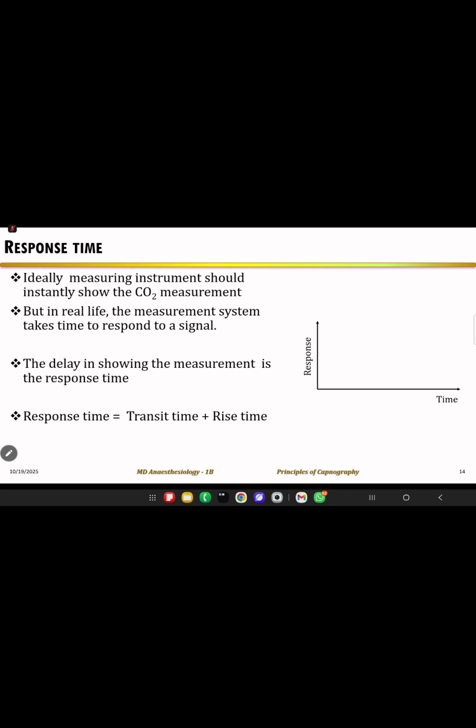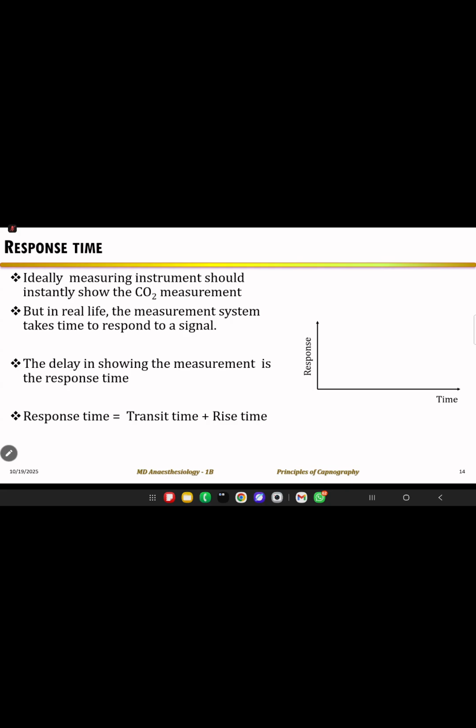But in real life, this doesn't happen. It will take some time to respond to the signal. This delay we call the response time.